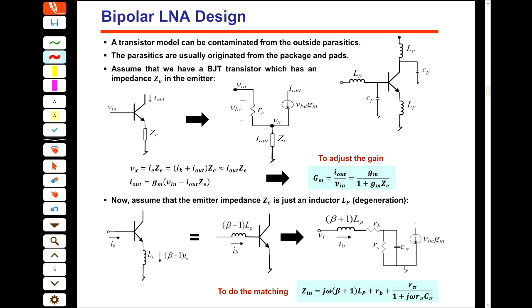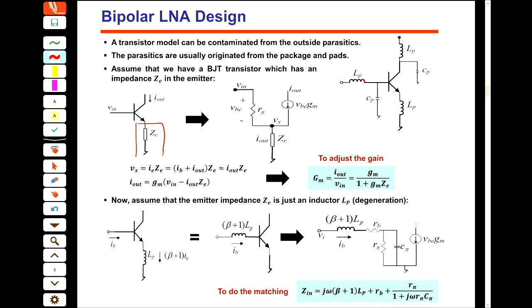All right. So in a bipolar transistor, assume that we have an impedance ZE in the emitter part of the bipolar transistor. If we write down the small signal model for this, this can come from, for example, the packaging, the pads, the LC that we have.